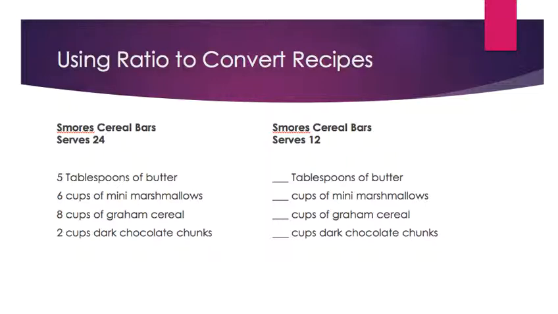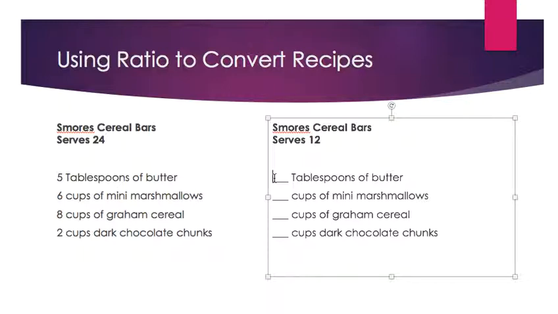That's because I know that 24 divided by 2 is equal to 12. So if 24 divided by 2 equals 12, it makes sense that the quantities of my ingredients divided by 2 will allow me to find the new quantity for the new recipe.